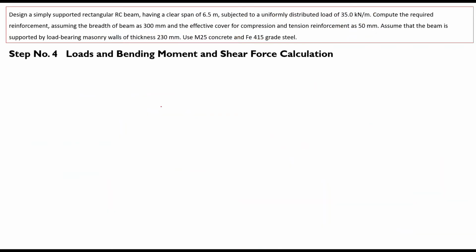Now step number 4, where we have to calculate the various loads and what will be the bending moment as well as shear force based on these loads. As I have already told you, it is uniformly distributed, that means this much imposed load is already given.